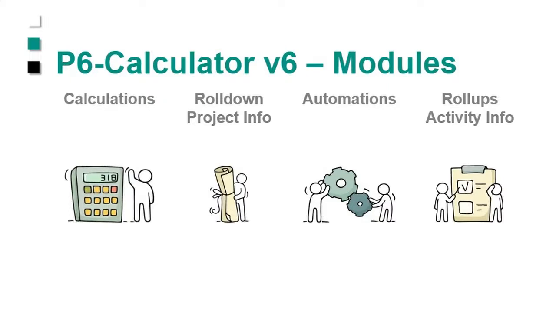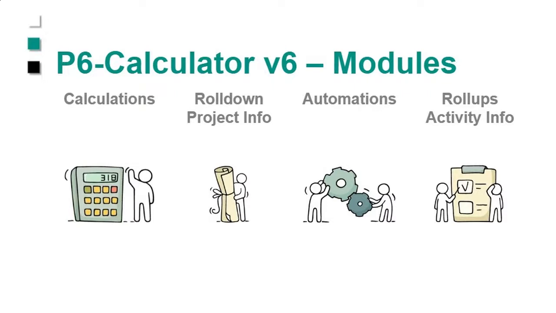A roll down would be if you put a field at the project level, you want it to automatically push down to, let's say, the WBS, the activity, the resources, expenses, steps. So it does an automatic roll down. That can be super handy, so you don't have to retype the data, and the data sometimes needs to be at the different layers for various reports, filters, etc. So that's an out-of-the-box, very simple automation that we use a lot.